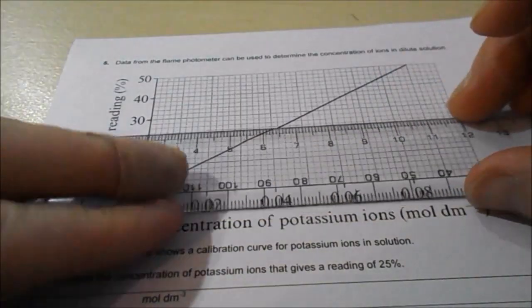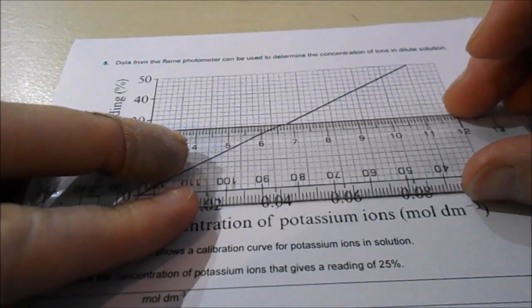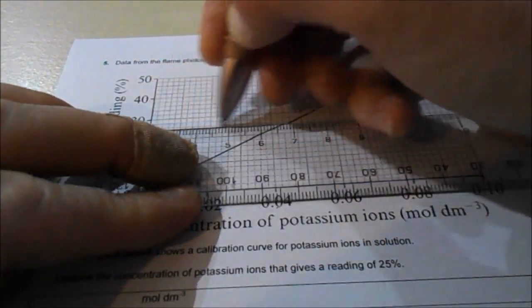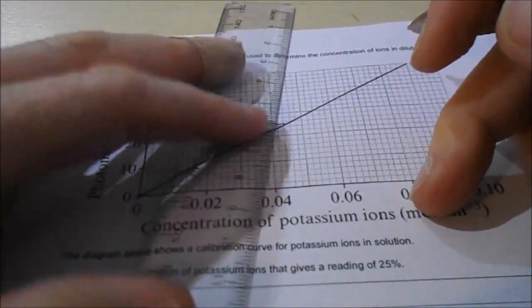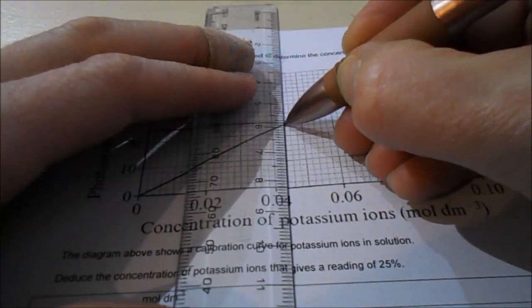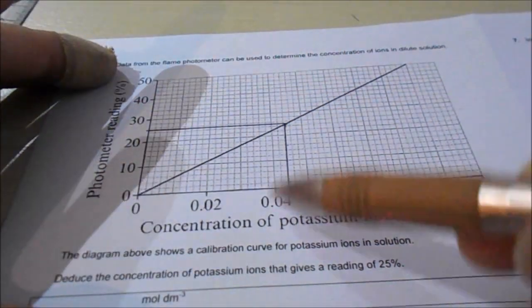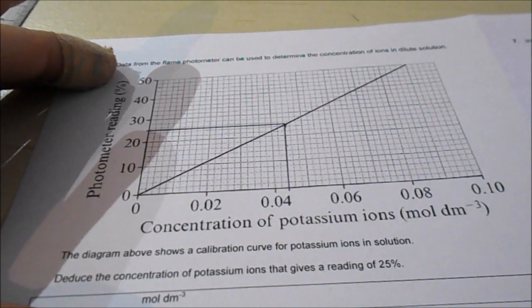So make sure you've got a ruler, no wonky lines here, and then you need to find 25%. You need to draw a horizontal line across that way, and then you need to match it up with a vertical line down there, and then you need to read off.